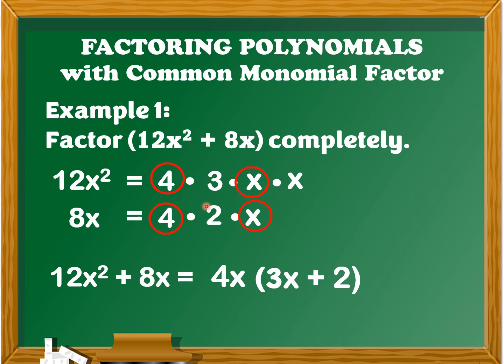So 3 times x is equal to 3x. And then we will copy the operation, which is addition. And in 8x, the remaining factor is 2. That's why we have 3x plus 2. Therefore, the factors of 12x squared plus 8x are 4x times 3x plus 2.